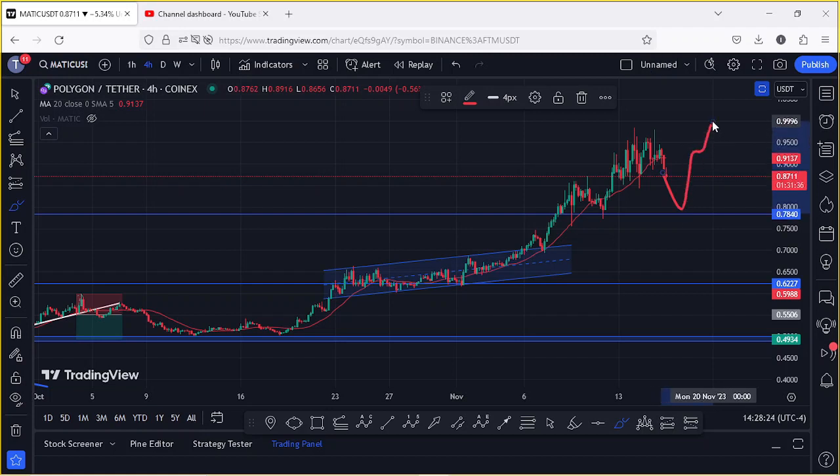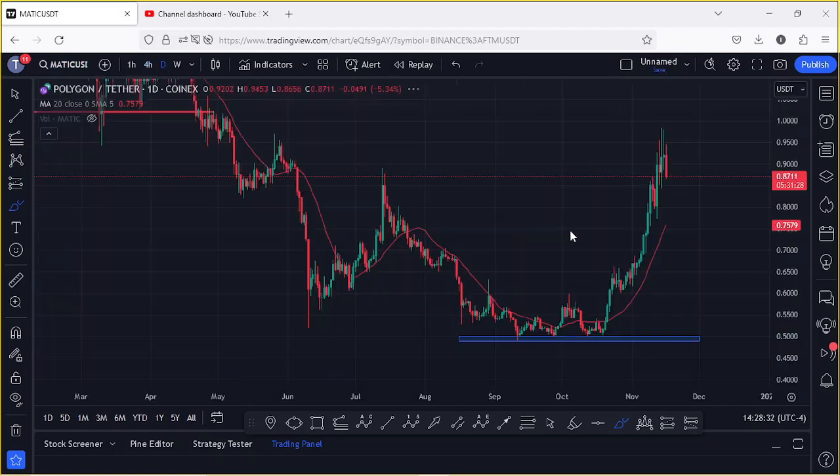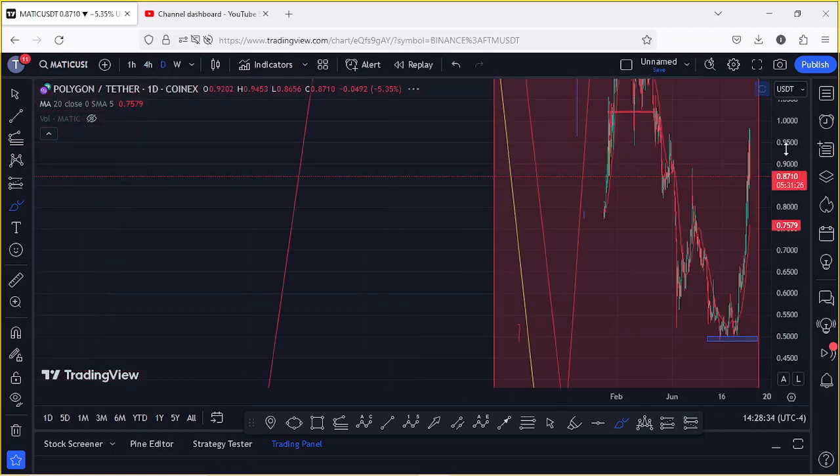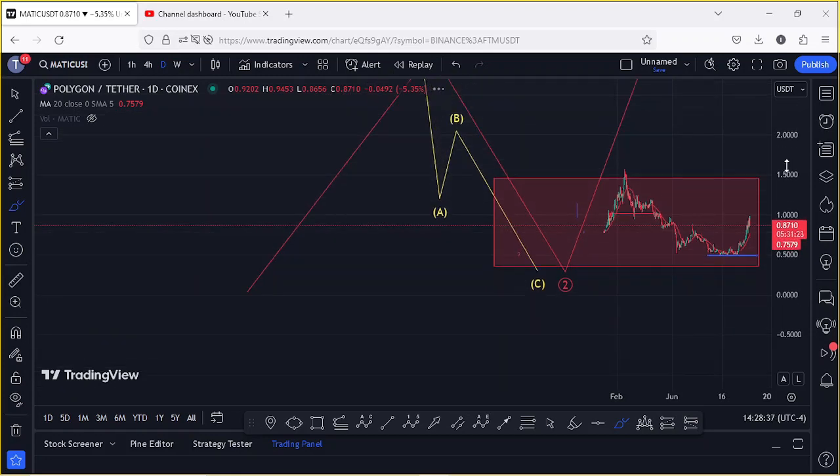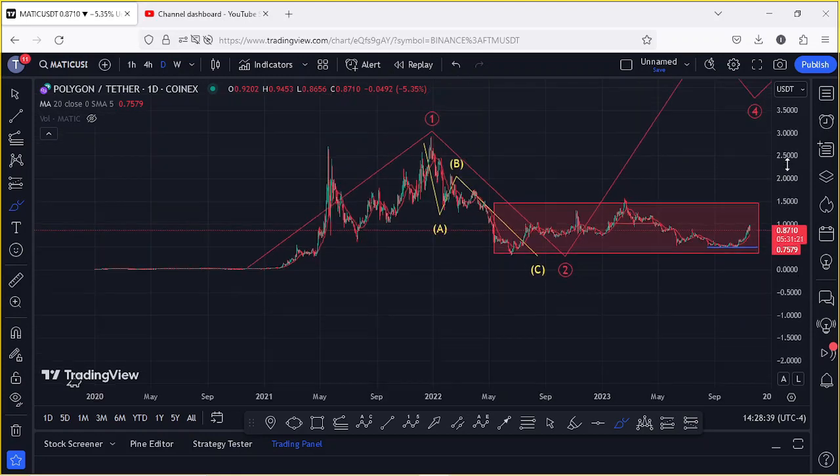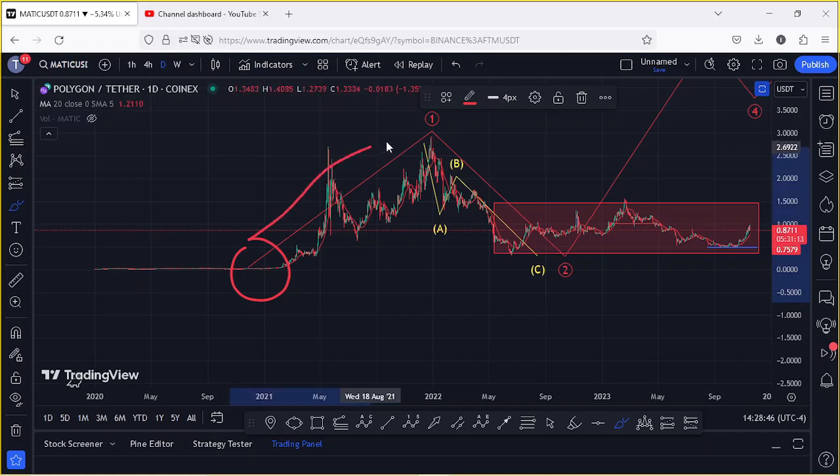Before I get deeper into the pullback target areas, allow me to first share my long-term Elliott wave analysis that I'm expecting to play out on the Matic chart once the bull market is here. You can see that on the Matic chart back in 2020, we saw our lows down here before we saw that impulsive move, taking us to all-time highs above the $2.9 mark, completing the formation of this wave 1 to the upper side.